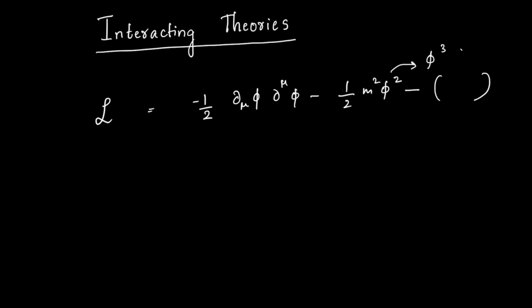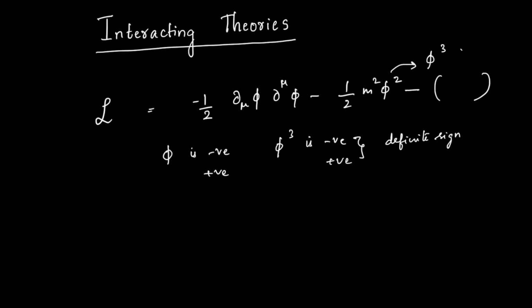So I have to add the next higher order term. The next higher order term will be phi cube, but mostly we avoid odd powers of phi in the Lagrangian density, because an odd power does not have a definite sign. For example, if phi is negative, then phi cube is negative. If phi is positive, then phi cube is positive.